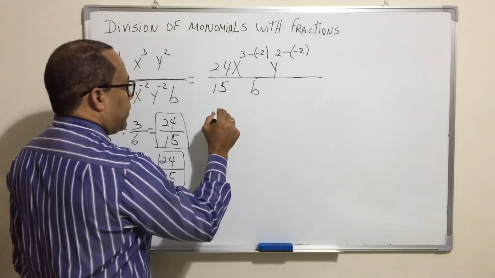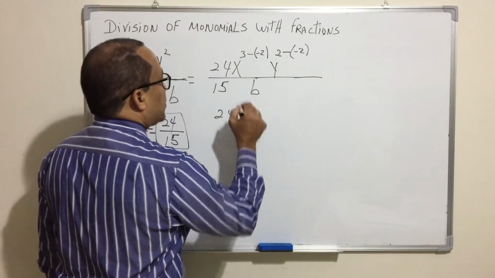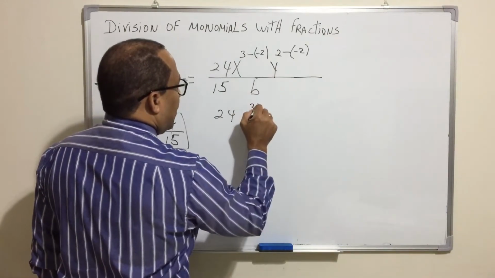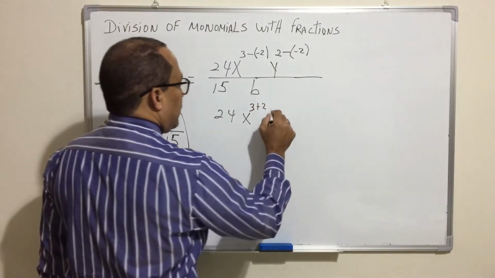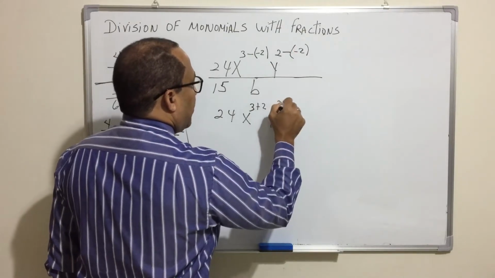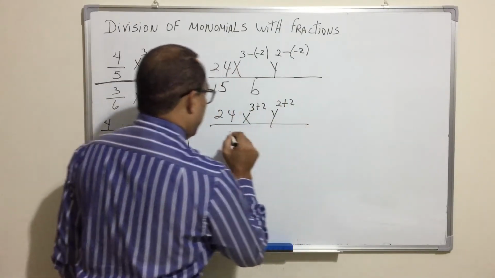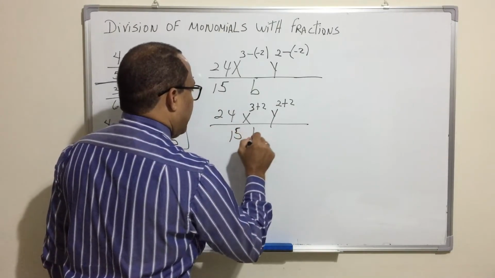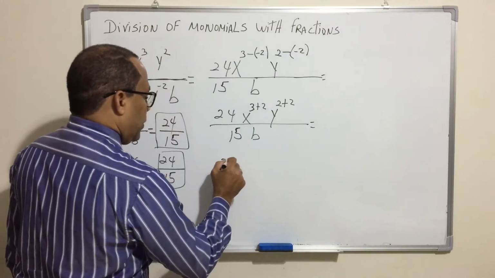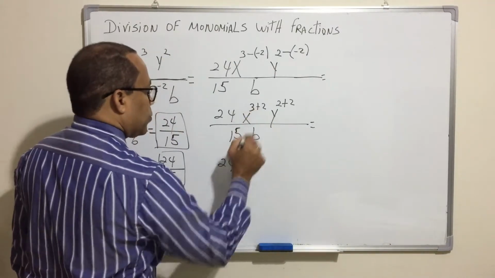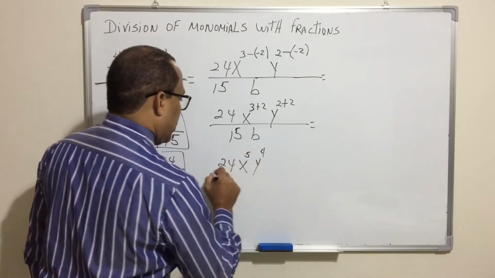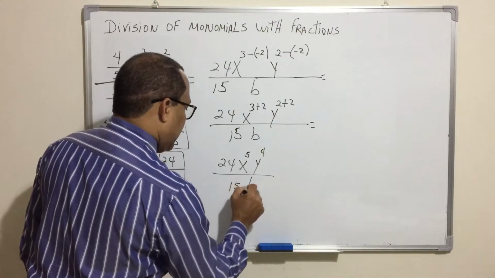So the result will be 24x to the 3 minus negative, which is plus 2, y to the 2 minus negative, which is plus 2, over 15b, equals 24x to the 3 plus 2, which is 5, y to the 2 plus 2, which is 4, over 15b.